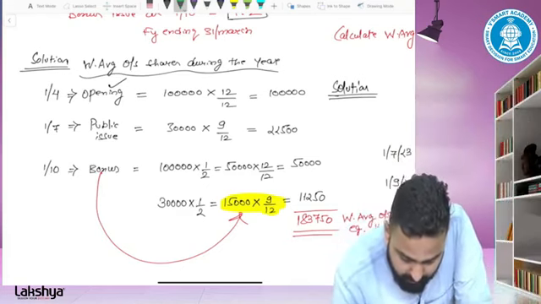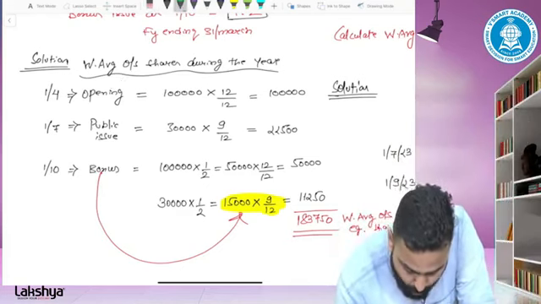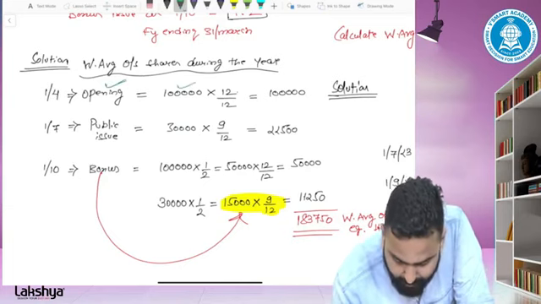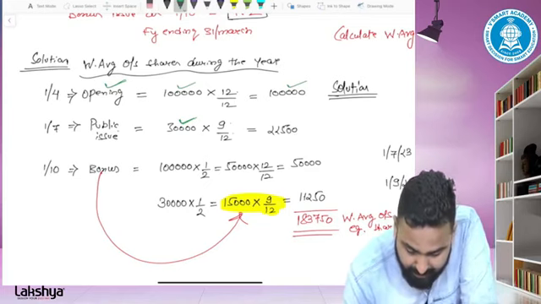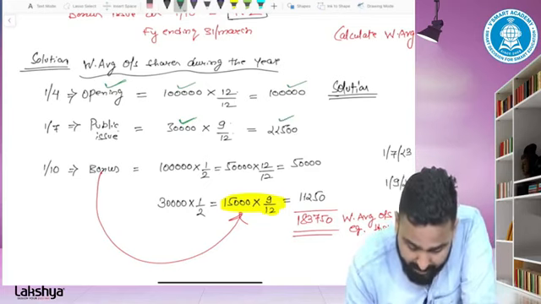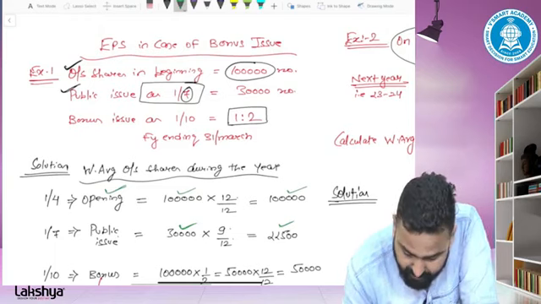See, opening shares 1 lakh, 12 by 12, 1 lakh. Public issue 30,000, 9 by 12. Bonus. Now the bonus is 1:2.